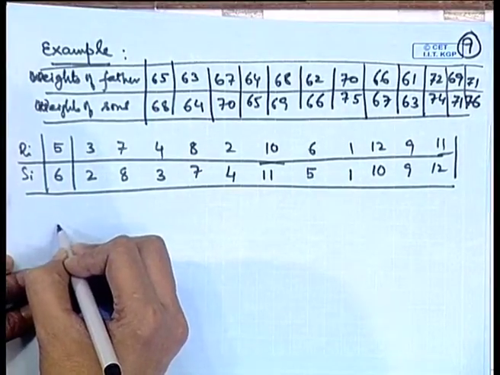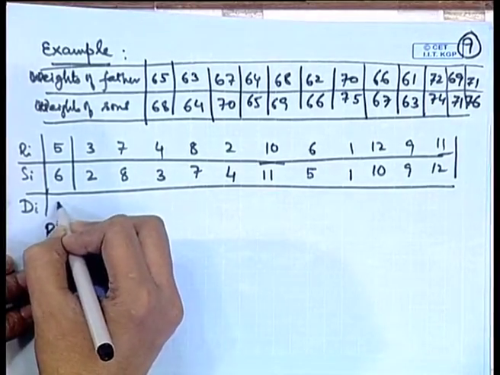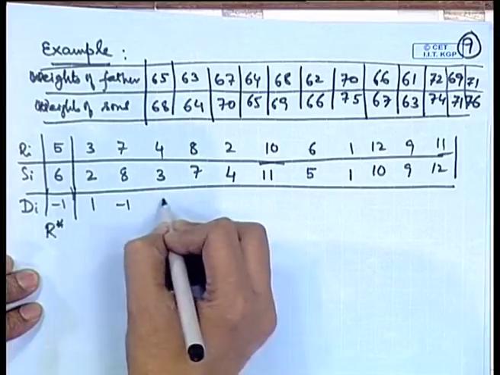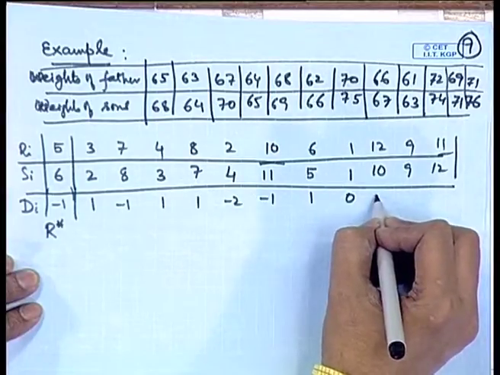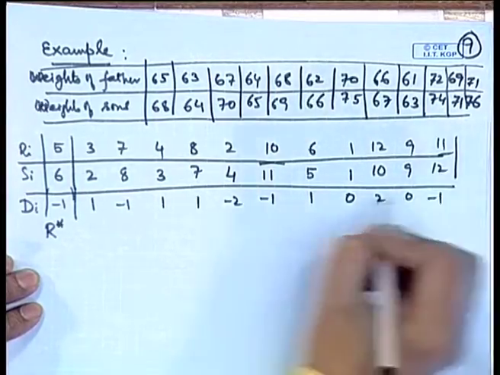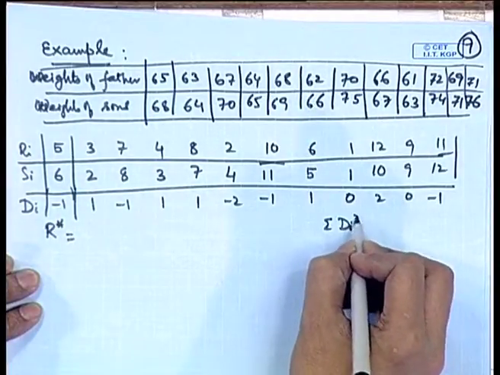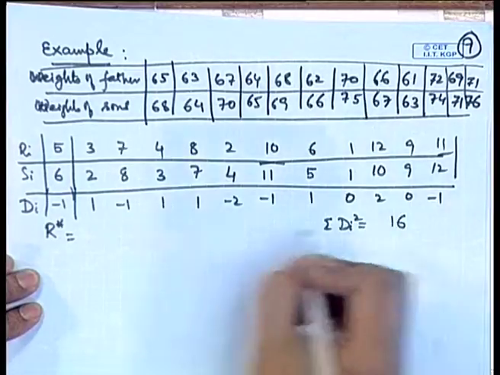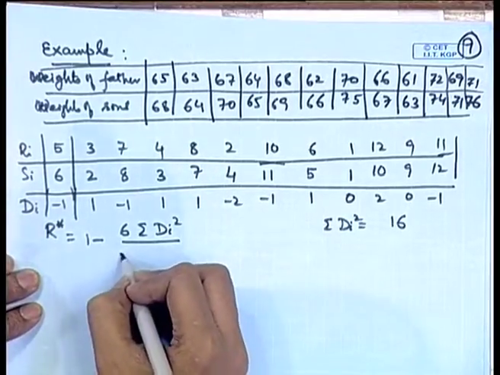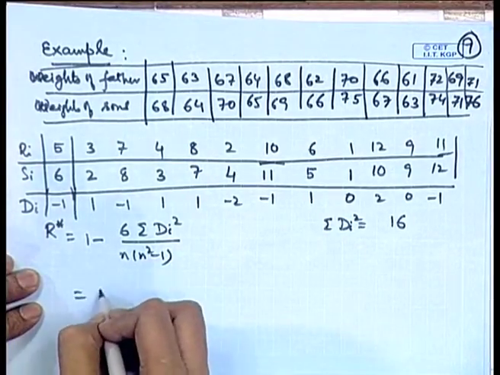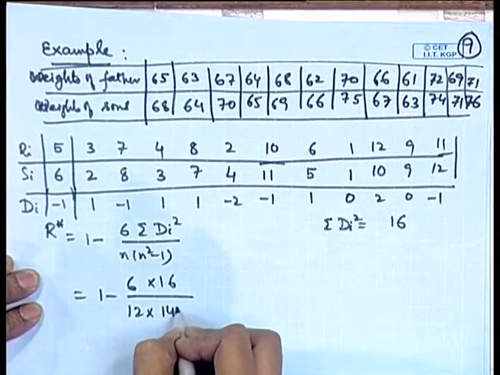So, if we look at r star, for that we need to calculate the differences. The d_i's are minus 1, 1, minus 1, 1, 1, minus 2, minus 1, 1, 0, 2, 0 and minus 1. Here sigma d_i square is equal to 16. So, 1 minus 6 into sigma d_i square by n into n square minus 1 is equal to 1 minus 6 into 16 divided by 12 into 143.